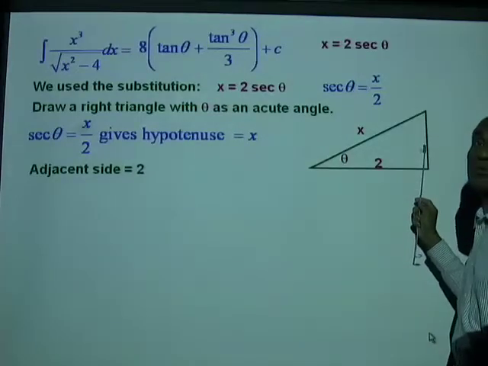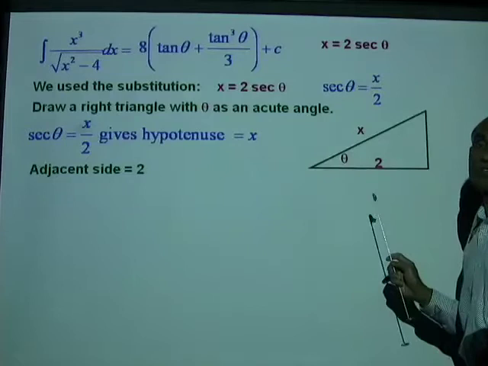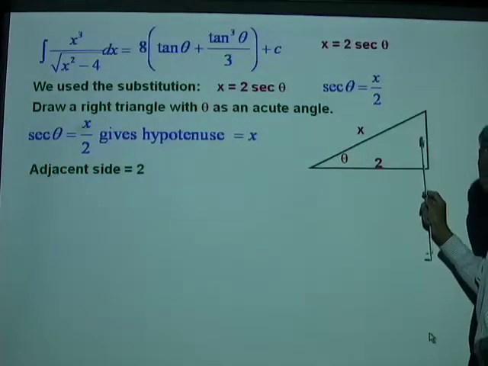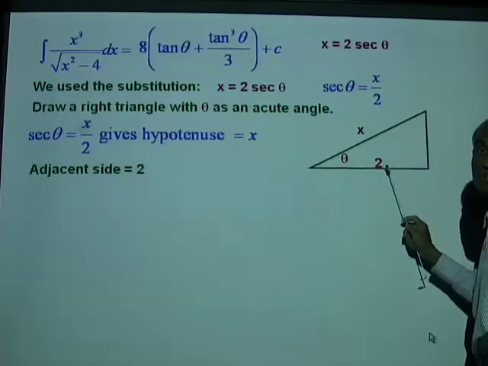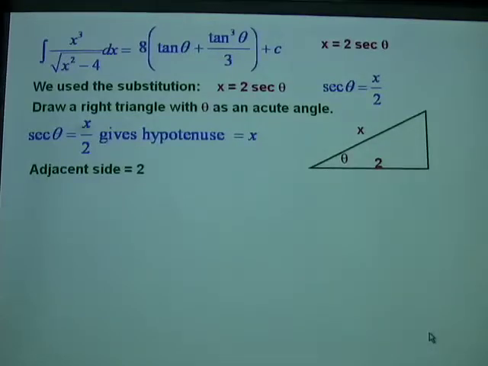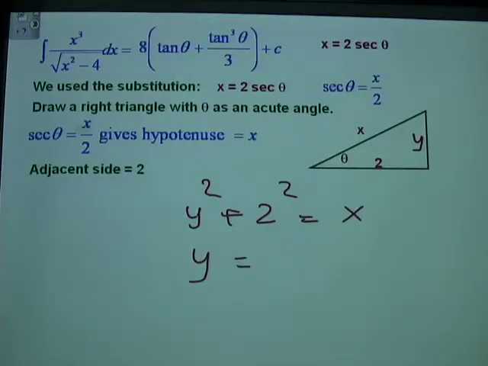In that case, what will be the opposite side? If the opposite side is y, just like earlier I told you, then y squared plus 2 squared equal to x squared. Let me write that down for you. Therefore, y will be square root of x squared minus 4.